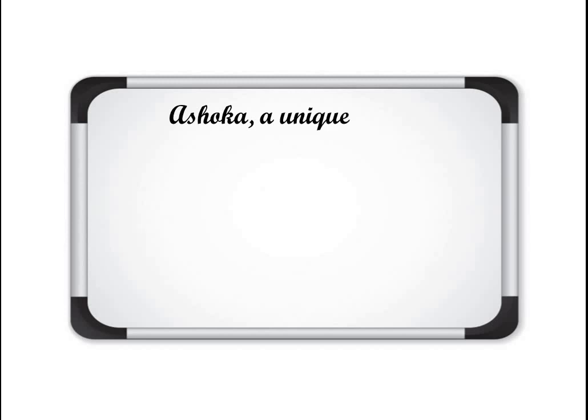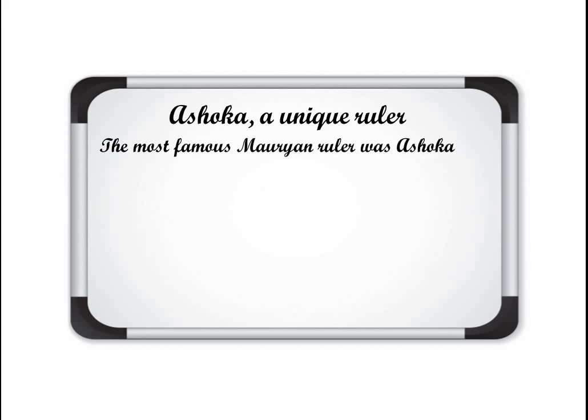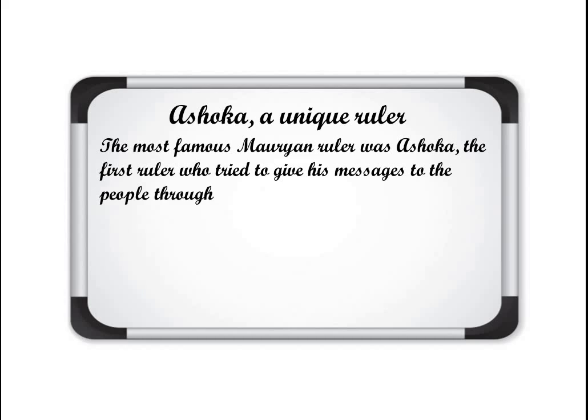Number 1, Ashoka, a unique ruler. Why is Ashoka known as the unique ruler in Indian history? Let's see. The most famous Mauryan ruler was Ashoka, the first ruler who tried to give his messages to the people through inscriptions.